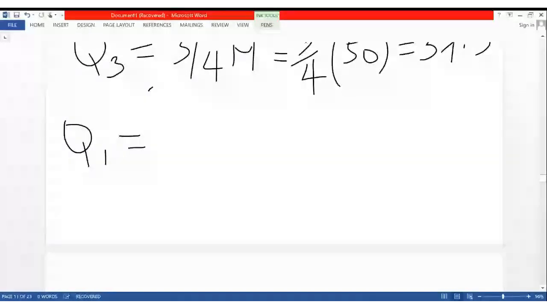So what is the lower class boundary here? It is 14.5. Then plus, we take a quarter n. Our quarter n was 12.5.